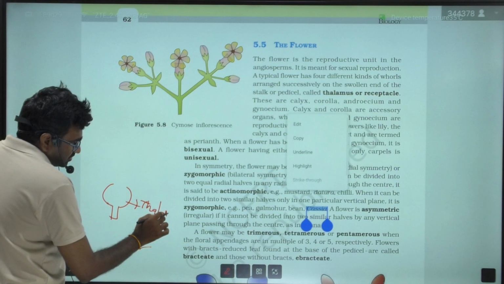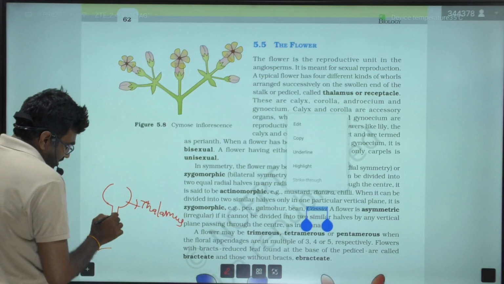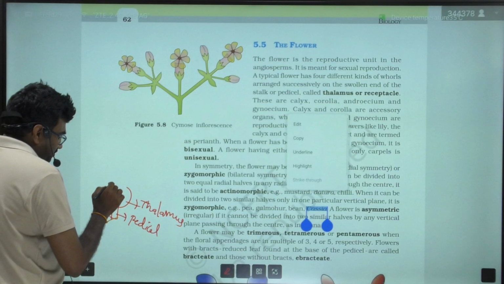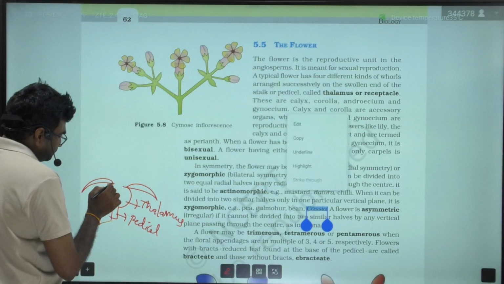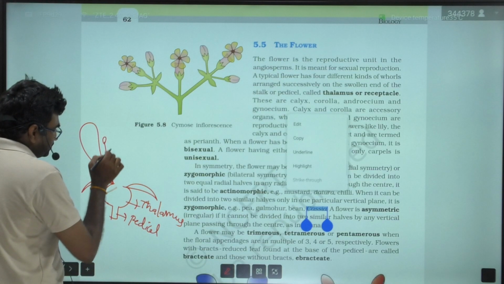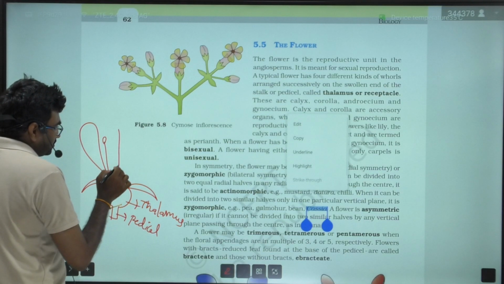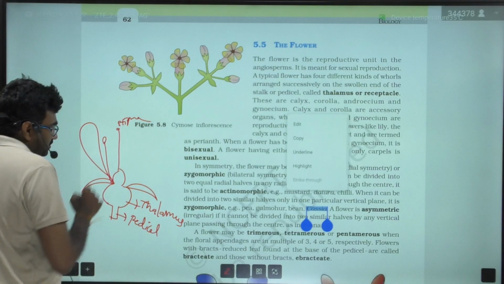Thalamus is also called a receptacle, and pedicel, calyx, corolla, stamen, ovary, stigma, right?